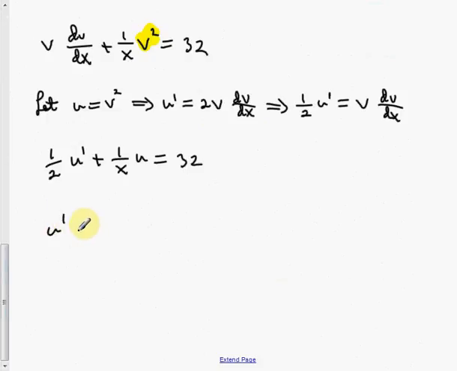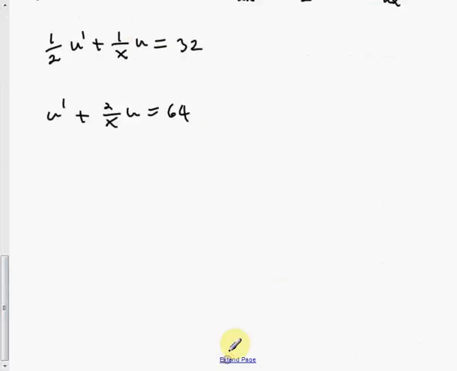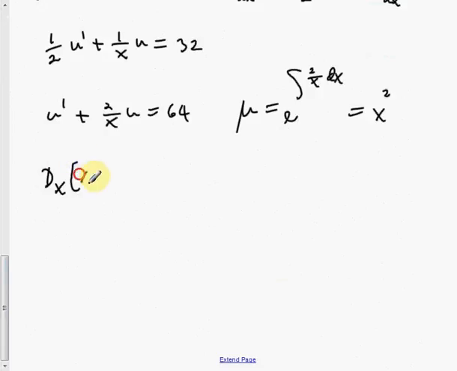So I have u prime plus 2 over x times u is equal to 64. The integrating factor is e to the integral of 2 over x dx. That's just x squared. So the left side is the derivative of the product of the integrating factor and the dependent variable. That's equal to 64 times the integrating factor.